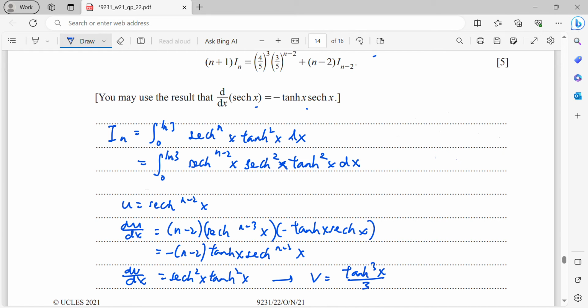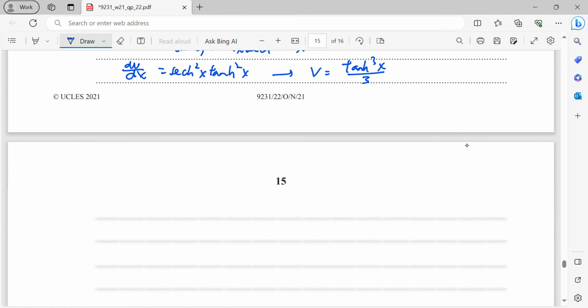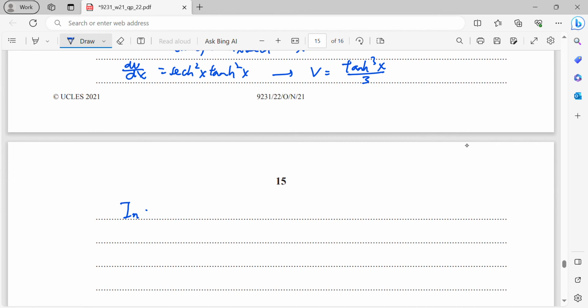Okay, so now my I_n, using integration by parts, you will get uv minus the integral of v du.